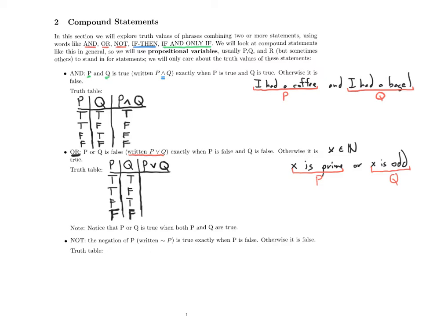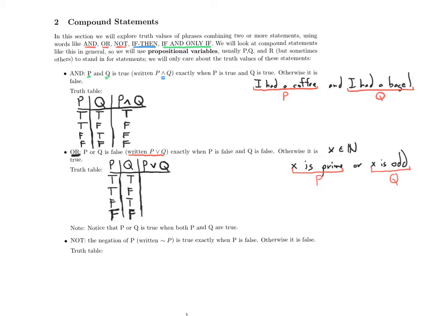Now let's look at some examples of values from our domain that we can put in to our open sentences P and Q and determine if it's true or false. We'll go from the bottom up actually this time for something different. Let's find a situation where it's not prime and it's not odd.